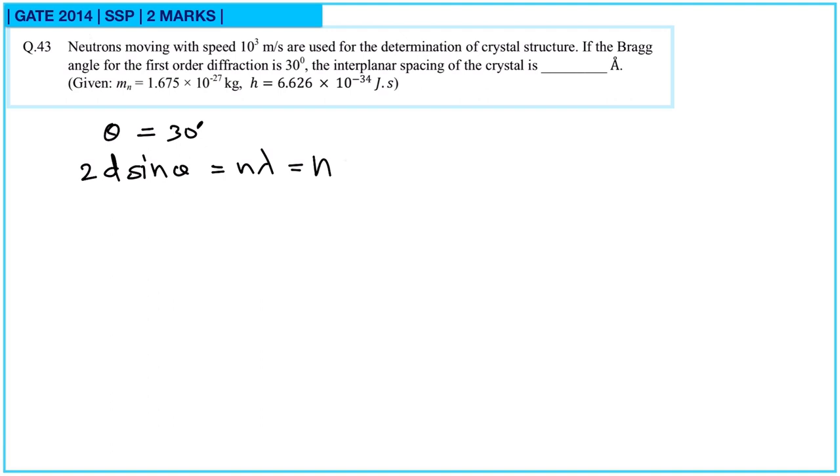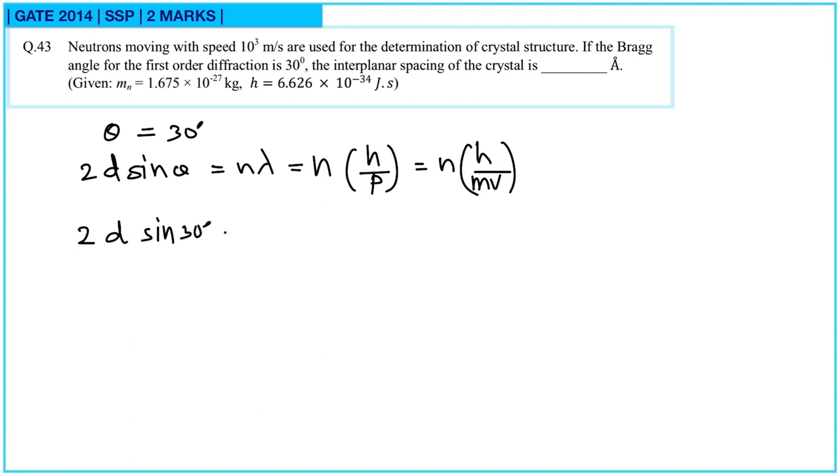Also we know that λ is equal to h by p, or we can write this as nh by mv. So this will be 2 into d into sin 30 degree, n is 1, into h upon mv. So sin 30 is 1 by 2 and 2 will cancel out.